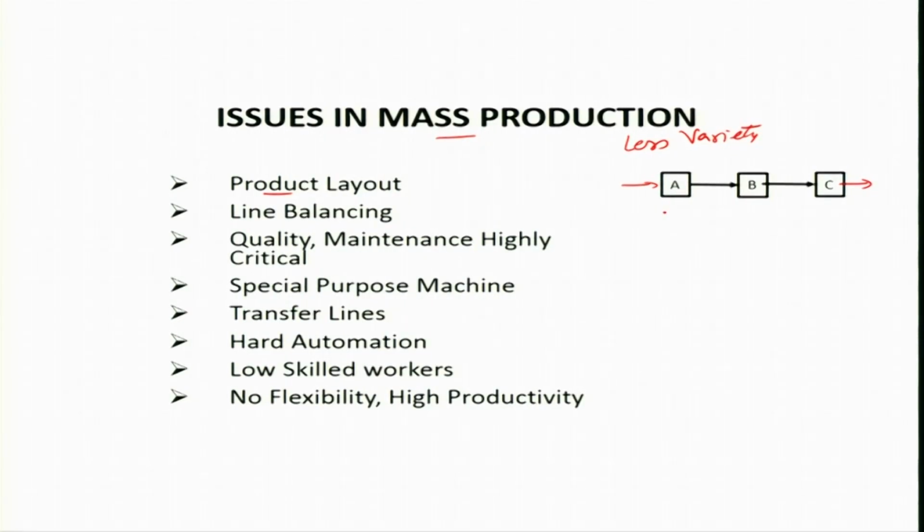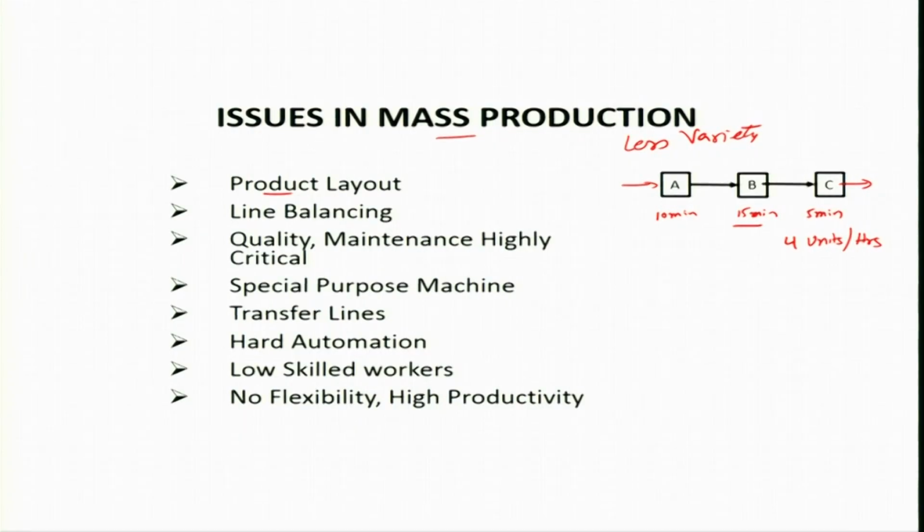The second important aspect required in a mass production system is called line balancing. Suppose machine A requires 10 minutes to produce something, B requires 15 minutes, and C requires 5 minutes. How many units am I going to produce per hour? Obviously, the slowest machine will decide the production rate, so I will be able to produce only 4 units per hour.